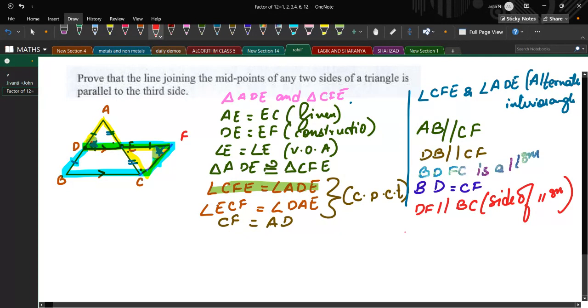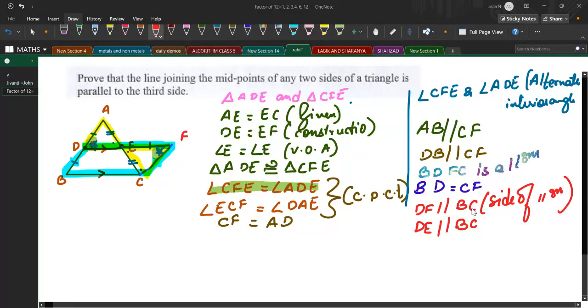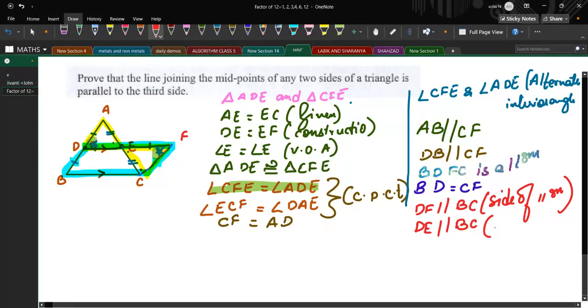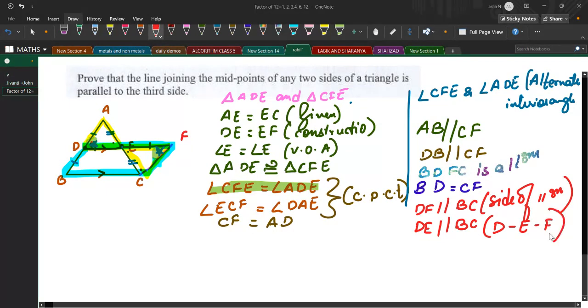Now if I cut DF short, the line DE will also be parallel to BC, because D, E, F are on the same line.